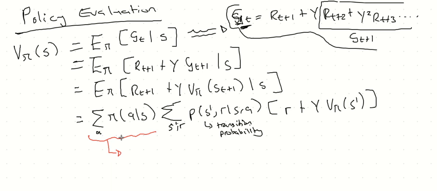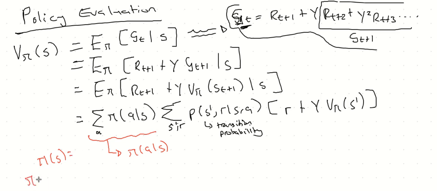What this term is saying is the summation of pi of a given S. If you remember, pi was supposed to be the policy that we take in a given state. Pi of S was kind of like what action we should take in a given state.